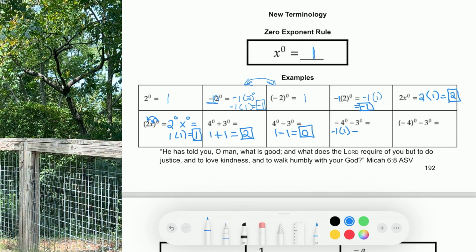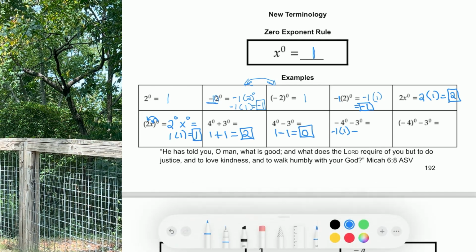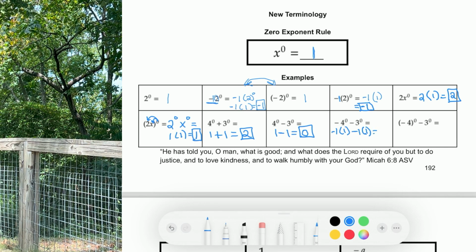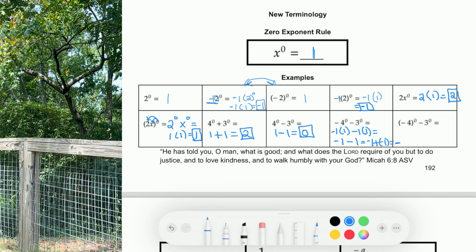Then we have minus this 3 to the power of 0 becomes a minus 1 times 1. So it's the same situation as that 4. That's going to simplify to negative 1 minus 1, which is the same as saying negative 1 plus a negative 1. If we do a keep, change, change, that equals negative 2.